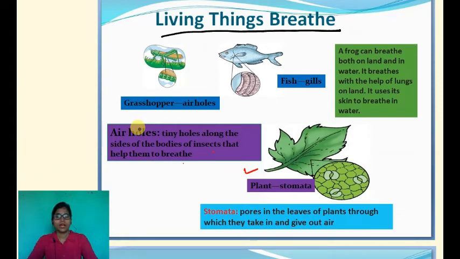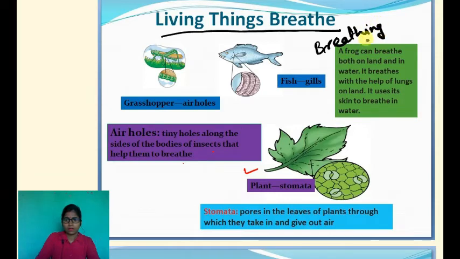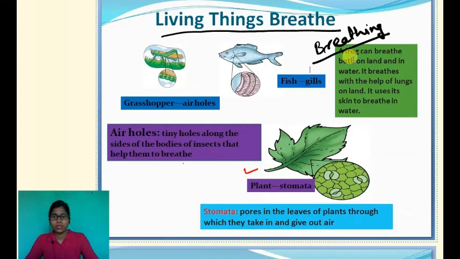This is because our body continuously needs to take fresh air inside and give the used air outside. The process of taking air inside and giving out the used air outside is called breathing.